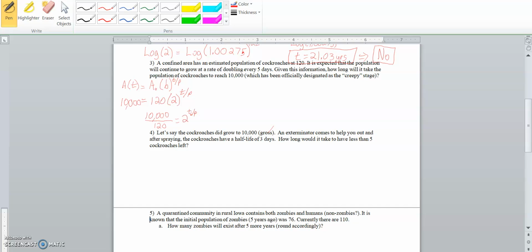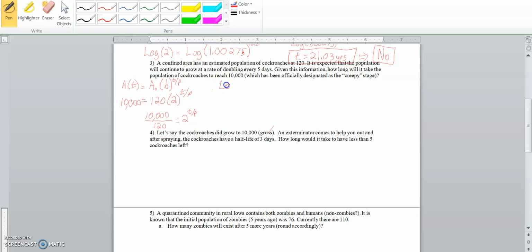We divide both sides by 120, we get this. What we're going to do now is we want to get the exponent out of there. So we're going to take the logarithm of both sides.